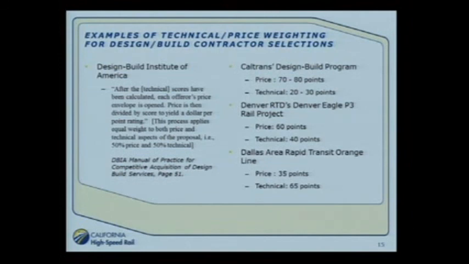Denver's RTD, Denver Eagle P3 rail project had a price and technical split, as you see, 60 and 40. And then finally, Dallas Area Rapid Transit Orange Line had a 35-point price and a 65-point technical. So you can see there are many variations that you could select, but we chose this method because we thought we would accomplish the goals of the authority best.